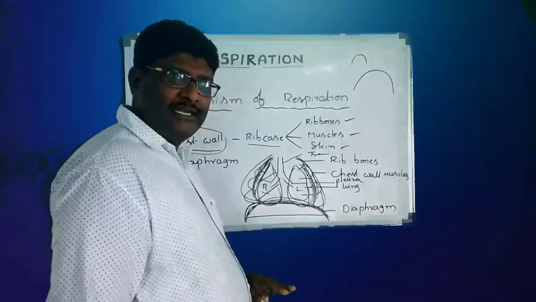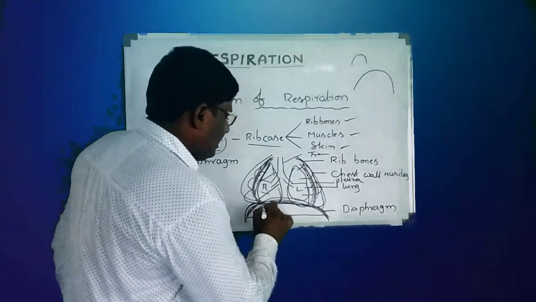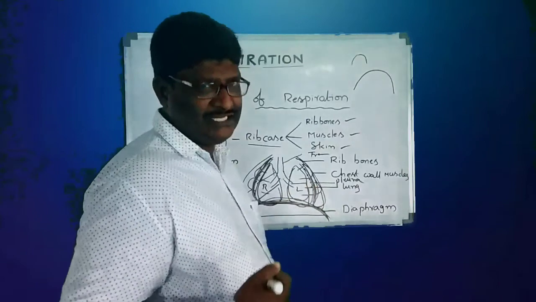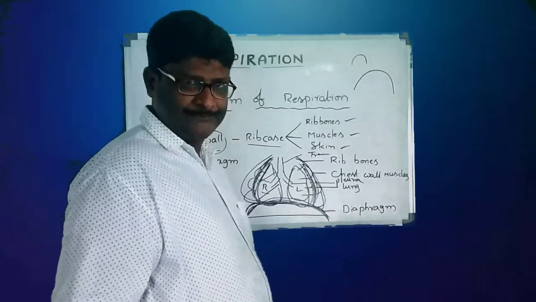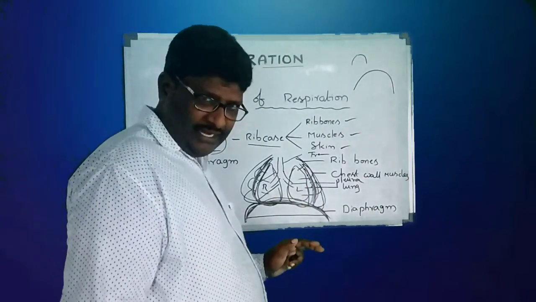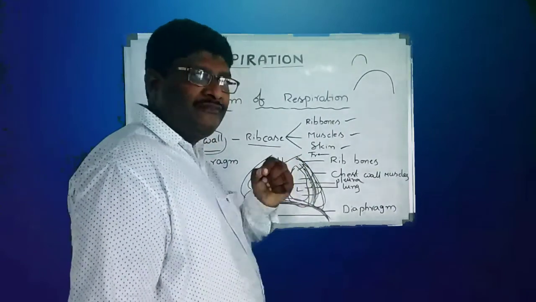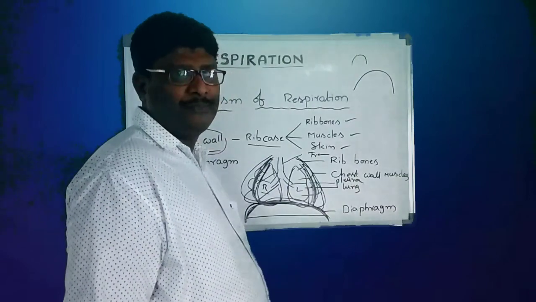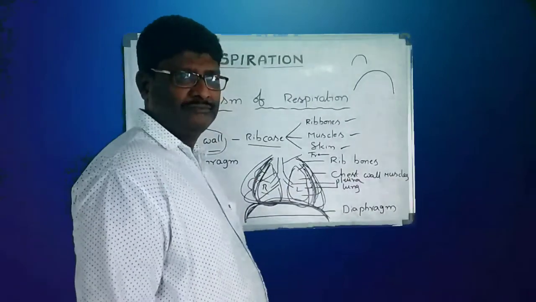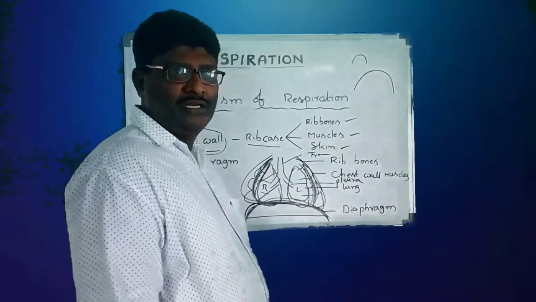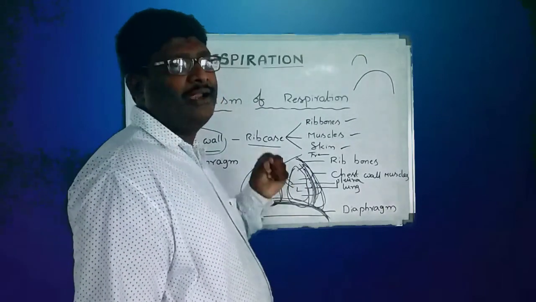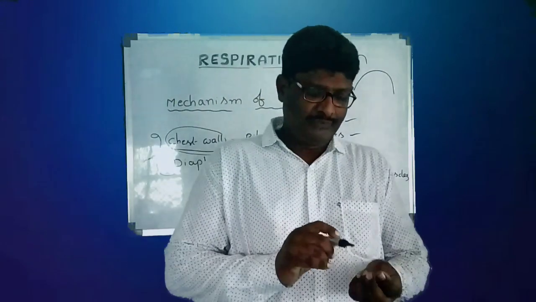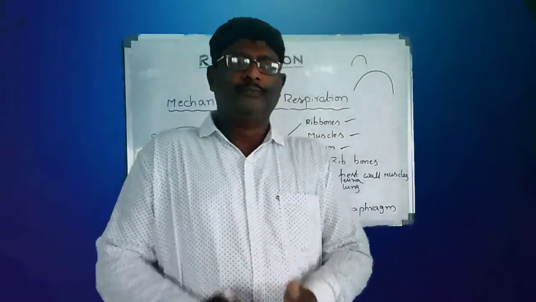In female, the diaphragm is the key role or main participant in the process of inhalation and exhalation, which is also called respiration. In male, rib cage. In female, diaphragm. This is the information regarding the inhalation and exhalation process. Okay. Thank you.